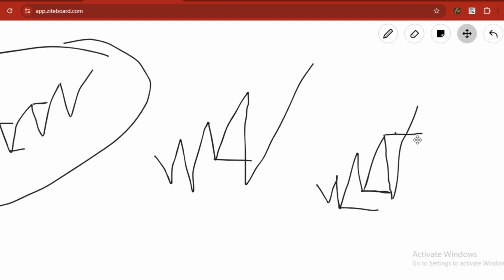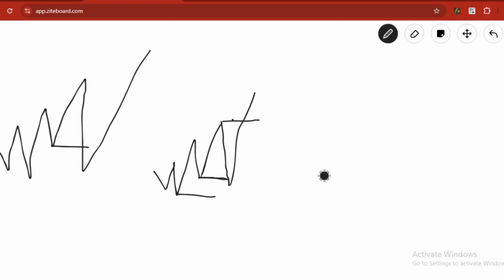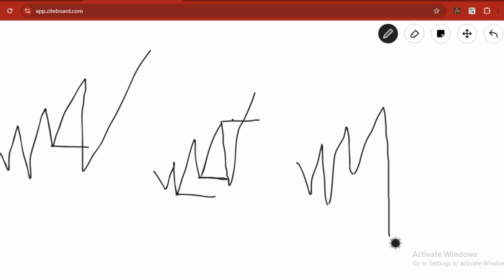Now we can also have a scenario like this, whereby the market does something like this, and then creates a leg, a B leg, right? And breaks structure, right? Now when it breaks structure, you're expecting this leg to be taken out, right? But then you see something like this that takes out this low, right?